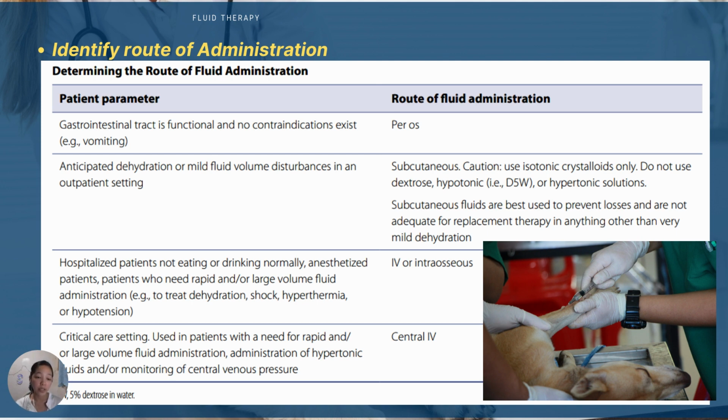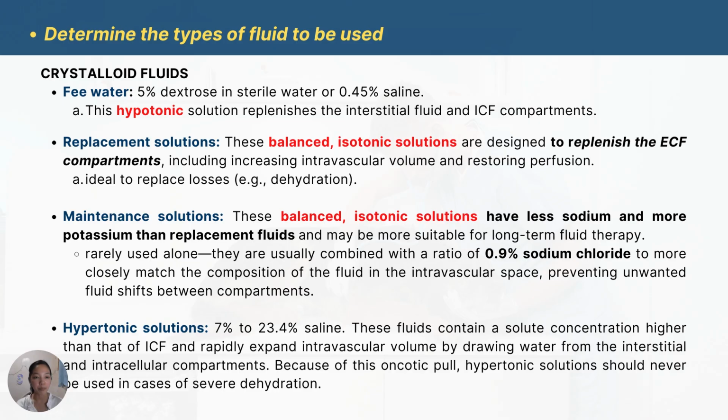In a critical care setting, it is used in patients with a need for rapid and large volume fluid administration, administration of hypertonic fluids, and monitoring central venous pressure. So we can actually use central IV. There are no contraindications related to the type of fluids to be used in IV.